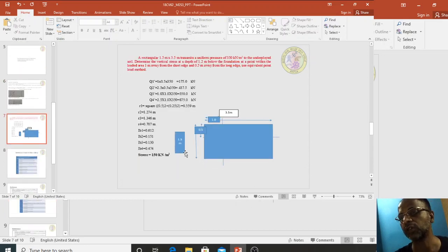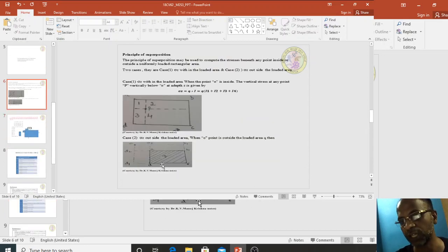Once you do this calculation, next sigma z is equal to this area Q1 into I1, from this point to this point, minus Q1 into this area I2, plus Q1 into this area I3, minus Q1 into this area I4.